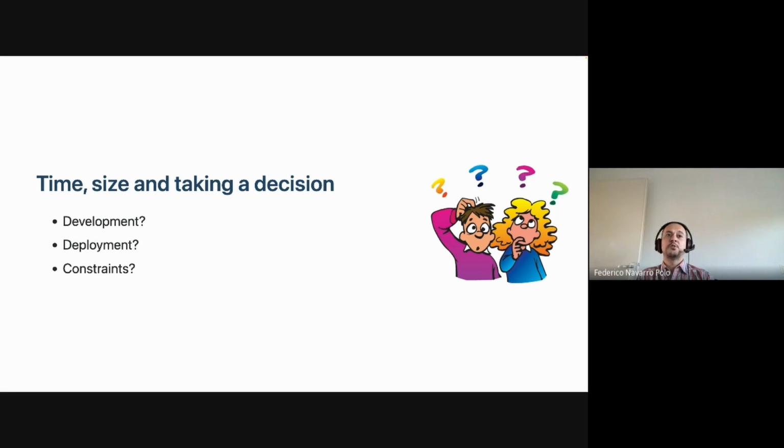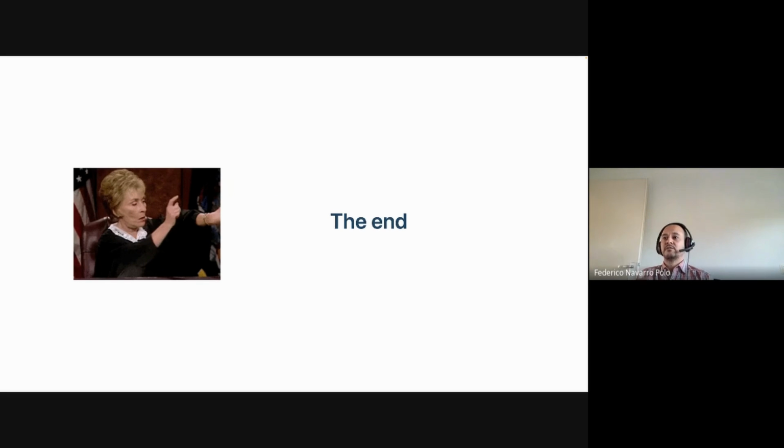Maybe you have a constraint in your container registry size, and you have 20 Java-based microservices. Each microservice takes 1 gigabyte every time you build it, and you are keeping a history of the last 5 builds. It's going to take a lot of space in the registry.